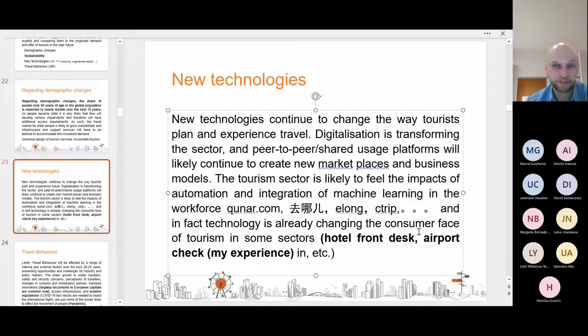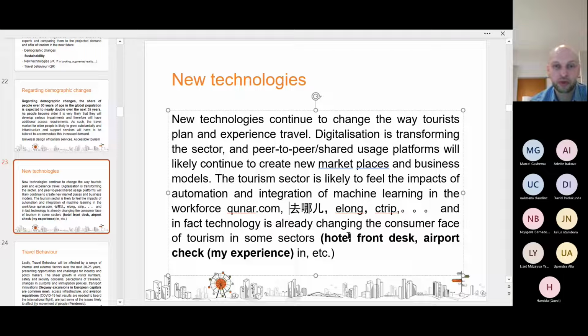What else? There are some changes also in the hotel industry. There are some hotels in China and in Japan where the entire front desk is presented by robots or humanoids, so no human staff in such hotels.